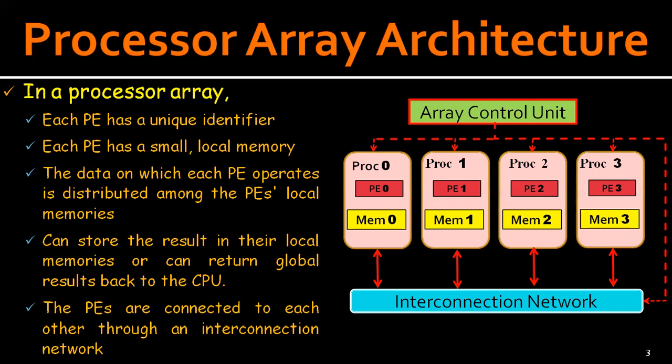If the machine is being designed for faster manipulation of two-dimensional data sets, such as images or matrices, then the interconnection network should be a 2D mesh, arranged as a direct topology.